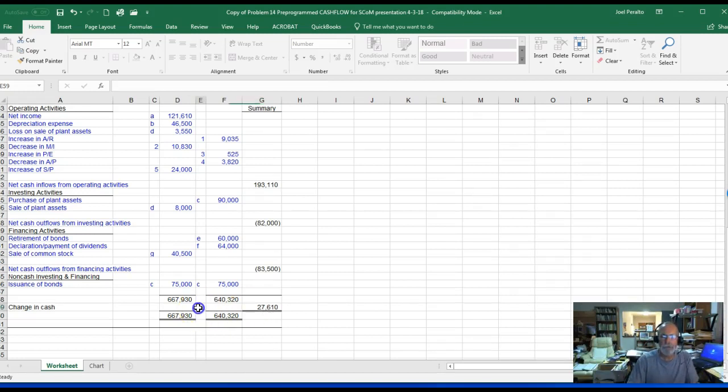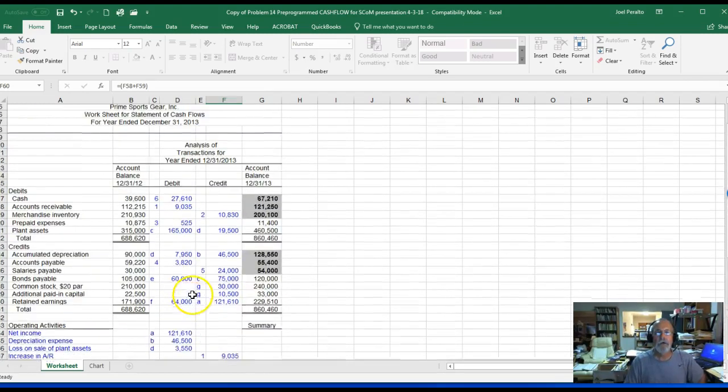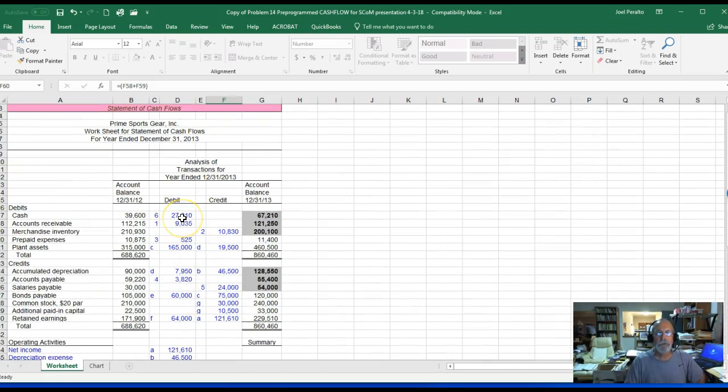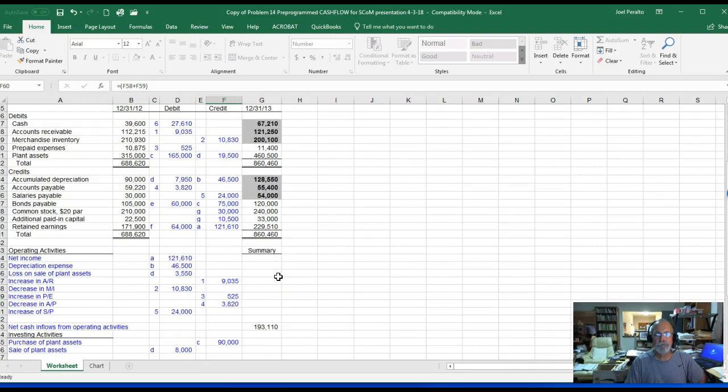And so what we need to do is move it over into our credit balance to balance off our statement of cash flows, 27,610, and now we're in balance. Okay, and that offsets the debit to the cash account up above.